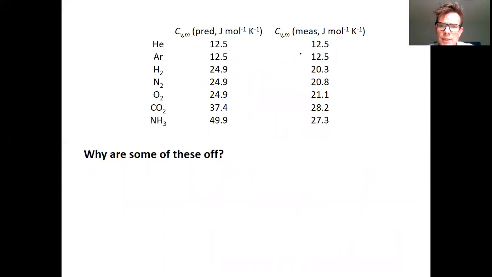Well, with these really simple systems, it's pretty good. Right? Helium, argon, we're pretty close. But as they start getting more complex, we start to see greater errors. So this looks like it might be off 20%. We predict 25, we measure 20. If I have something like ammonia, I get to be 50% off. Like it's way off. So what's going on?